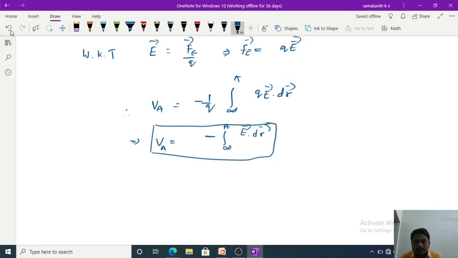So this is about electric potential. How can you define it?